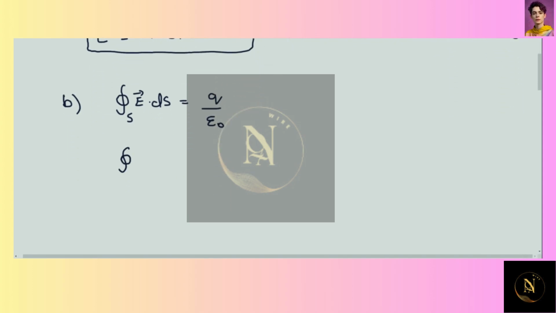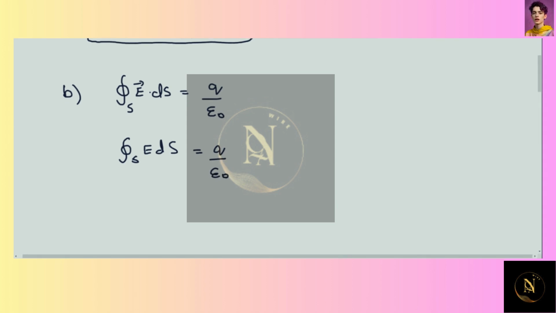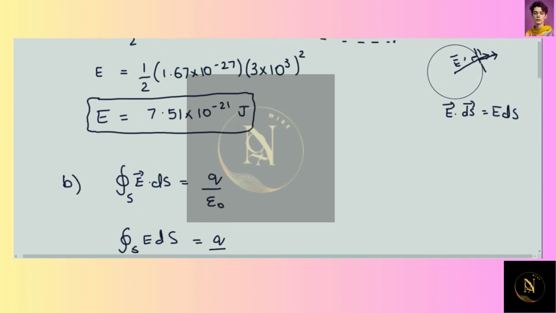That means that E dot ds is actually equal to E ds. So that gives us the surface integral of E dot ds being equal to E ds equals the charge enclosed divided by epsilon naught.